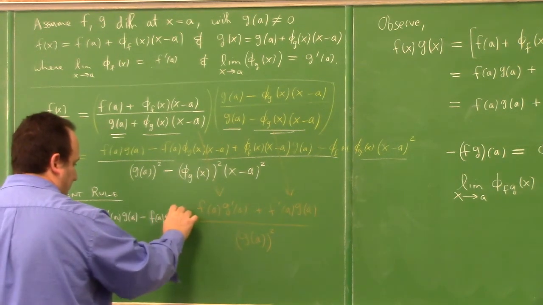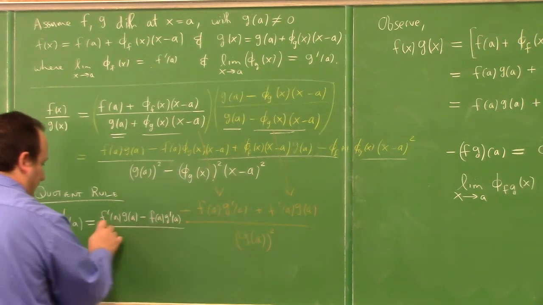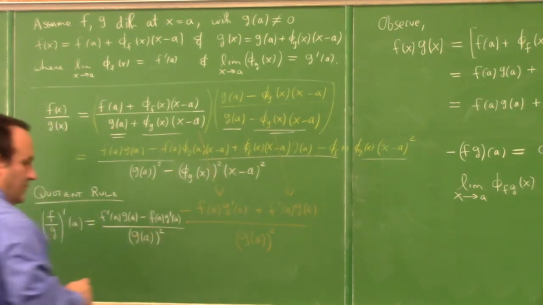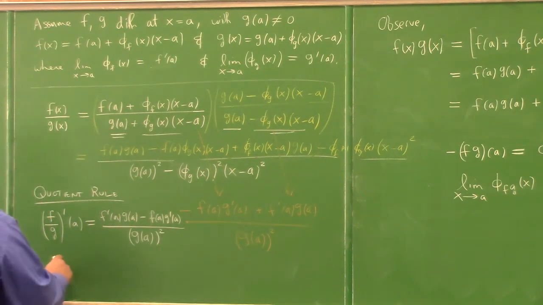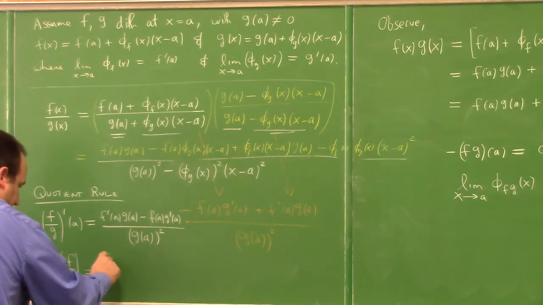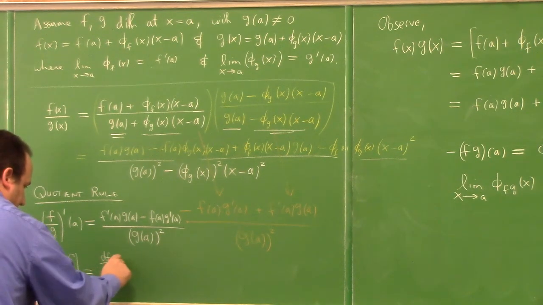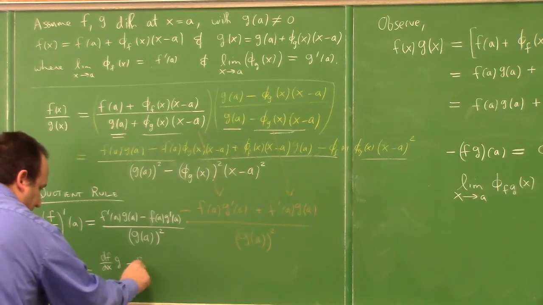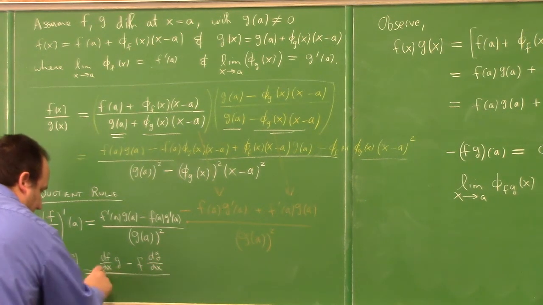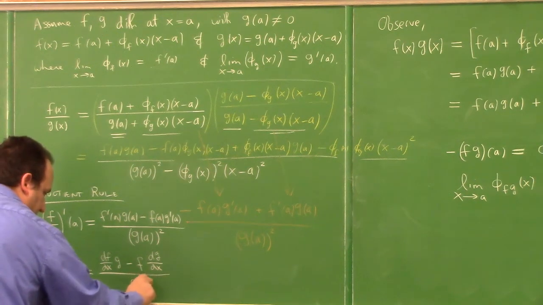So a minus goes with the derivative of the denominator, and then you divide by the denominator squared. In the differential notation, it looks like this. d dx of f over g equals df dx times g minus f times dg dx, divided by g squared. And there you go, that's the quotient rule.